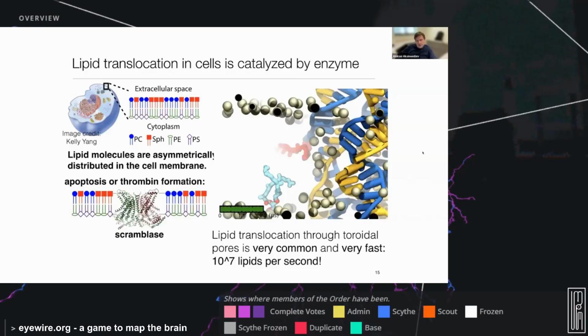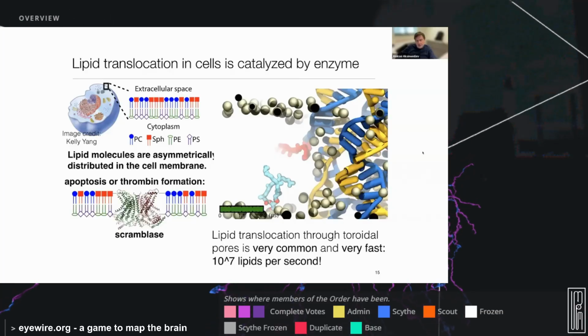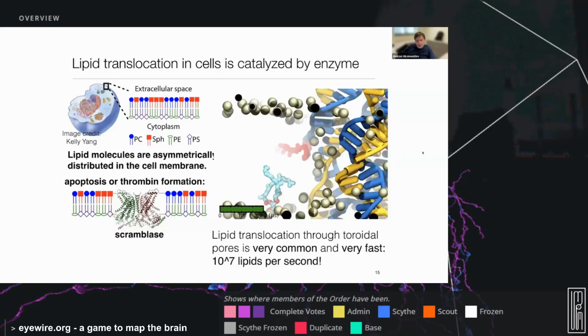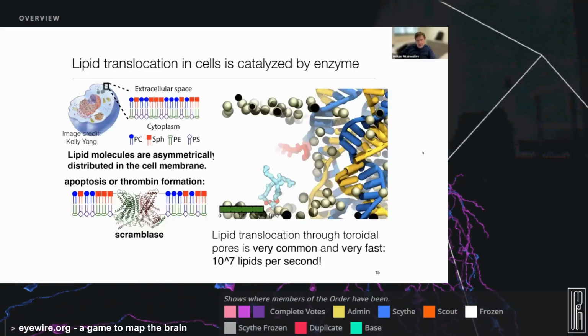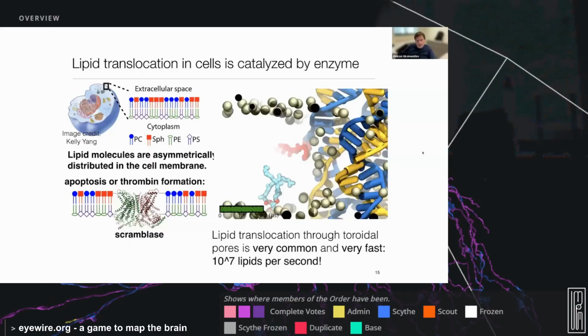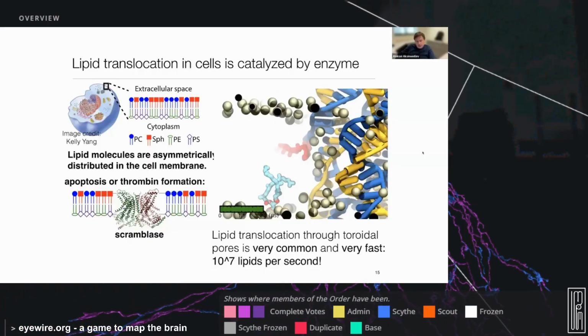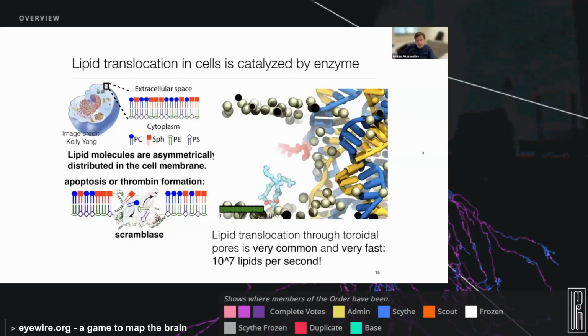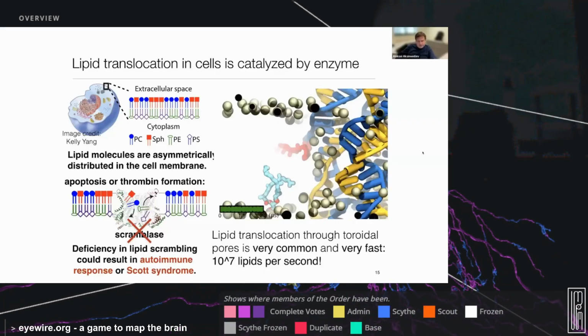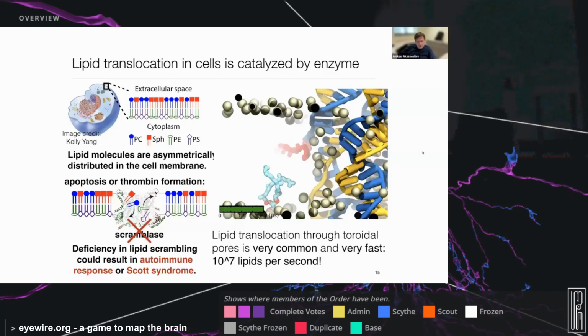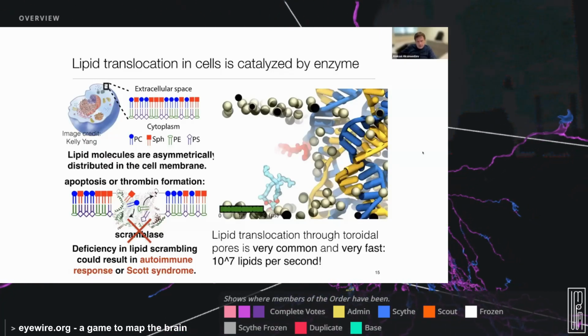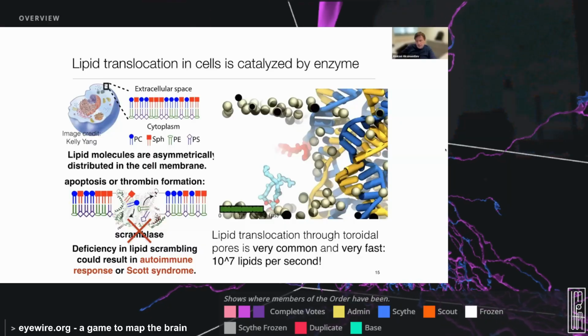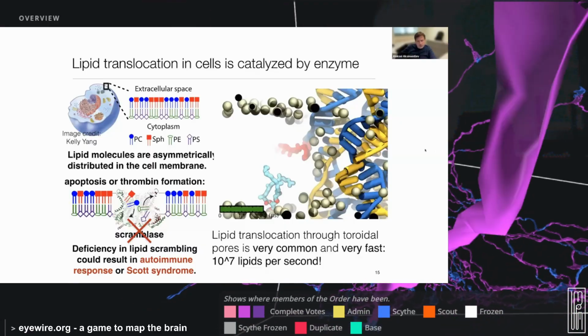So the scramblases are there to rapidly equalize the composition of the lipid bilayer membrane at certain conditions. And there are all kinds of medical factors that are associated with misfunction of the scramblases.